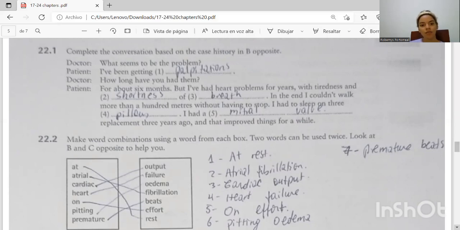Doctor: how long have you had them? Patient: for about 6 months, but I've had heart problems for years, with tiredness and breathlessness at 100 meters, when I had to stop. I had to sleep on 3 pillows. I had a mitral valve replacement 3 years ago and that improved things for a while.